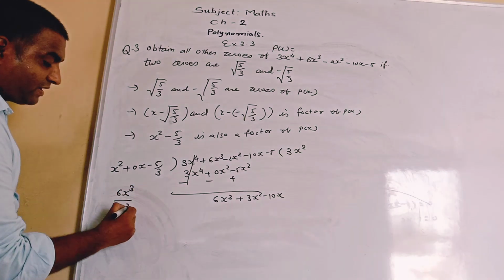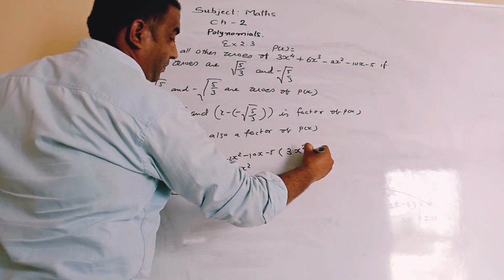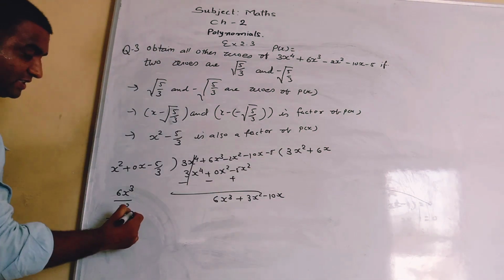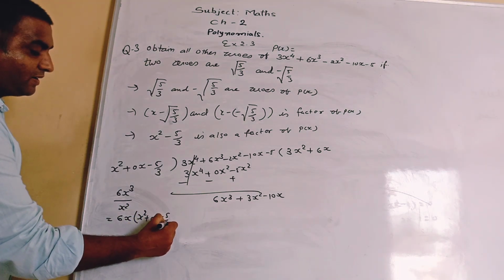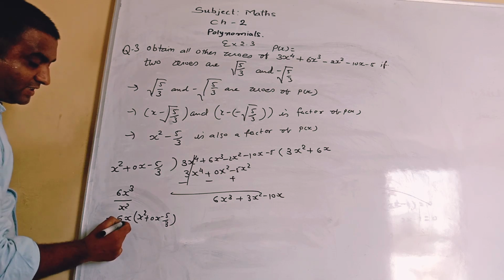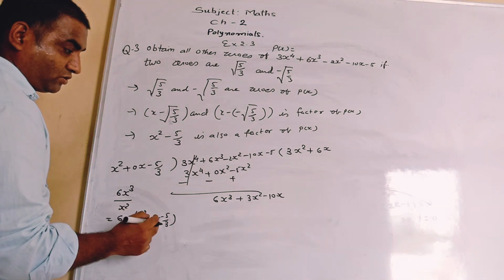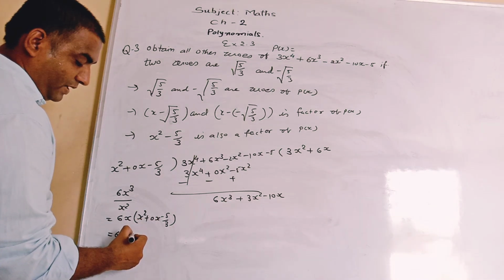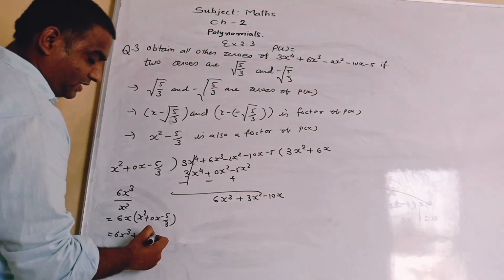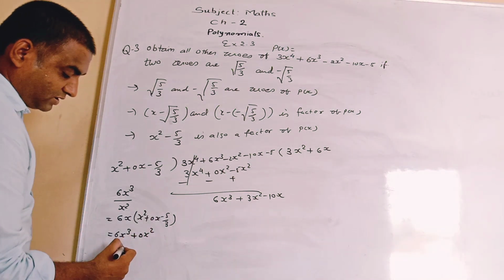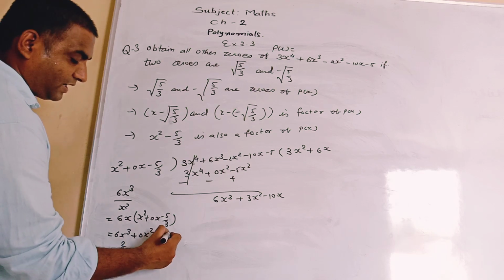Divided by x square, then we will have 6x, so here we will write plus 6x. 6x multiplied by x square plus 0x minus 5 by 3: 6x into x square, 6x cube, 6x into 0x, it will be 0x square, and 6x into minus 5 by 3, then 3 twos, so minus 10x.